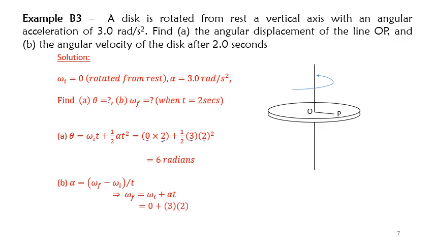Likewise, you substitute omega subscript I as 0, plus the product of 3 radians per second squared times 2 seconds. The unit of this is radians per second squared, and the unit of this one is seconds. So from there you have 6 radians per second. And that's straightforward. Very easy.